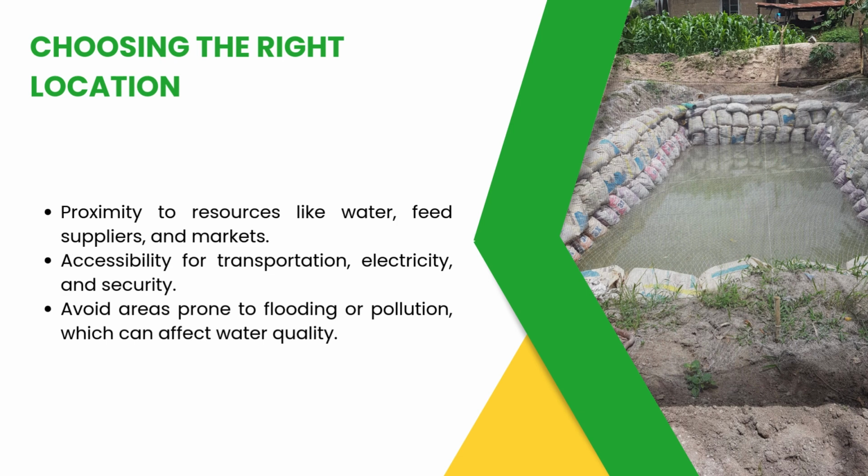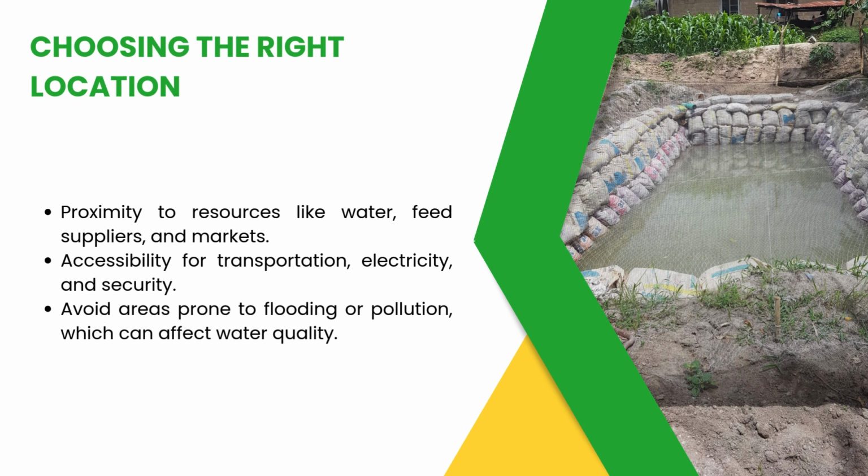To choose the right location, make sure that you choose a location that is close to water, close to your feed suppliers and close to market, so that you spend less time moving your fish from farm to market. Make sure that where you are choosing has a means of access to transportation, good road, electricity and security, especially when it comes to road.